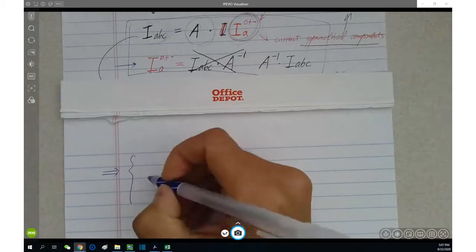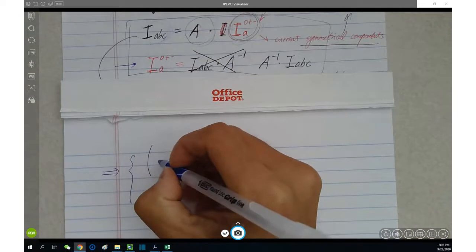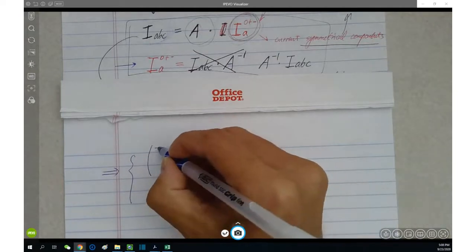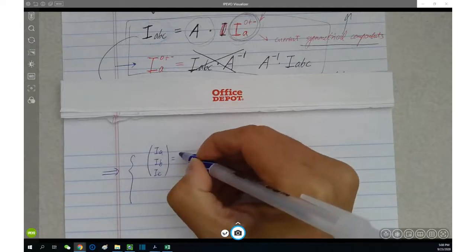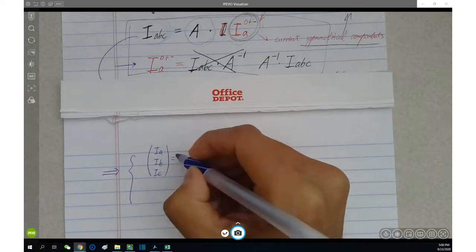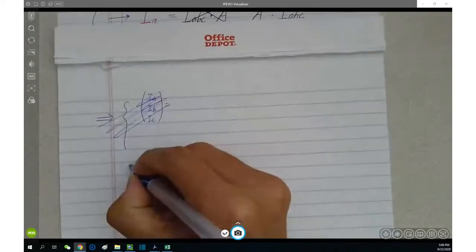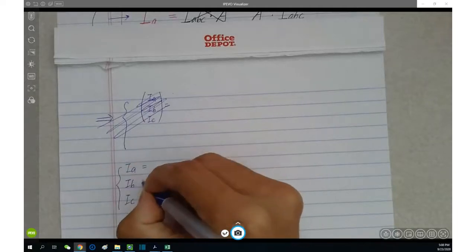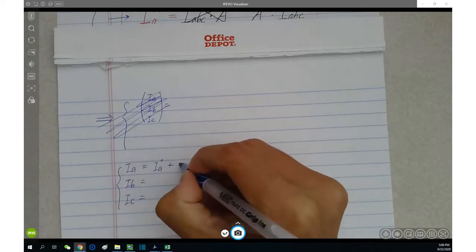First of all, if you're looking for IB and IC, they equal to, say, this way, in terms of the symmetrical components.